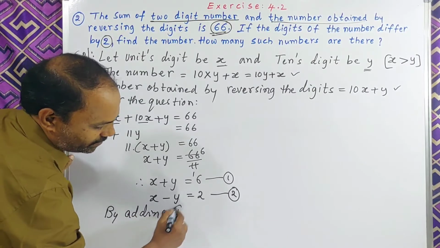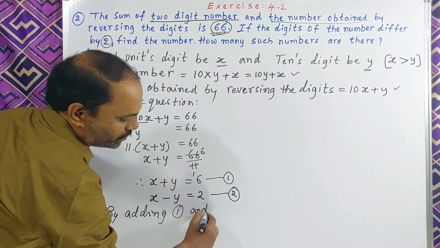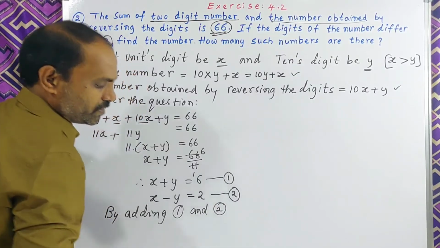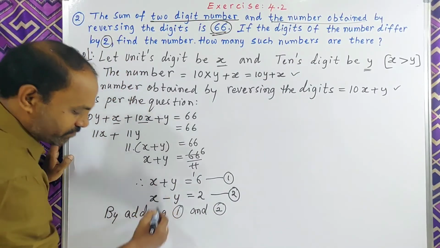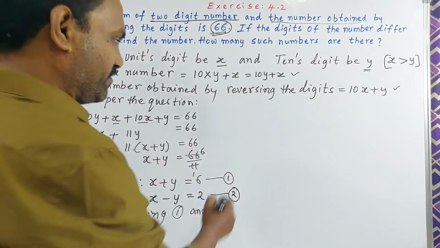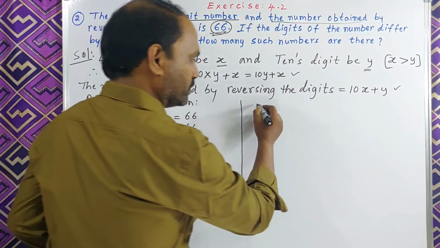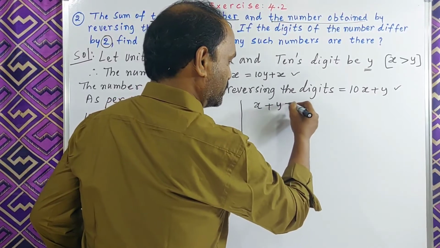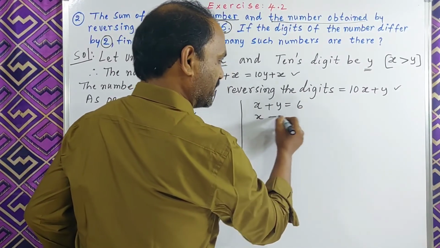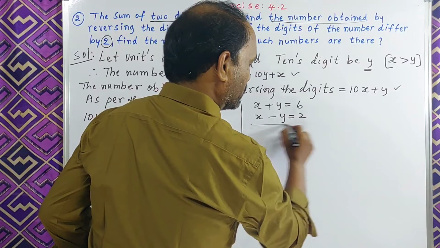Now you can add these two equations. By adding these two, x plus y is equal to 6 and x minus y is equal to 2.